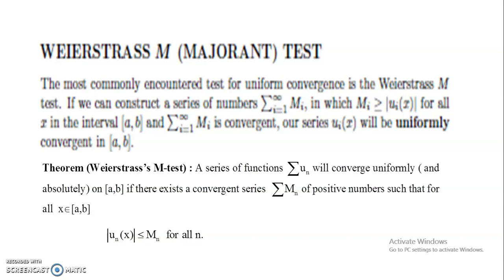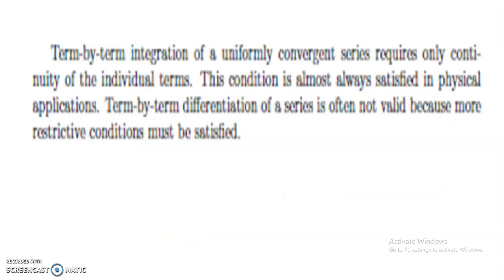That means for all values of n, the nth term of that series, un of x, should be less than or equal to capital Mn. So this is what it is.